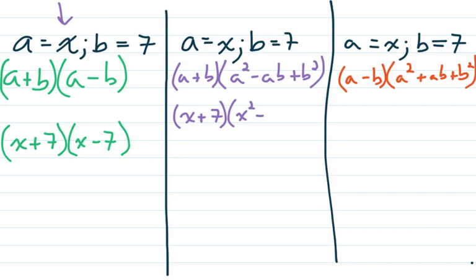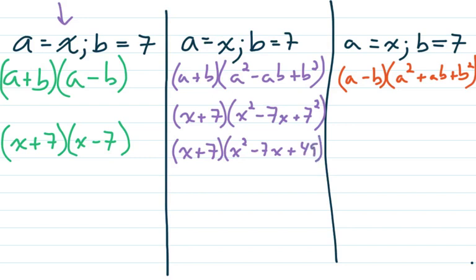We have to flip those because we don't have x7, we say 7x, minus 7x, and then plus B squared, which is 7 squared. And if we were to simplify that, we can simplify 7 squared, so we'd end up with X plus 7, X squared minus 7x plus 49.